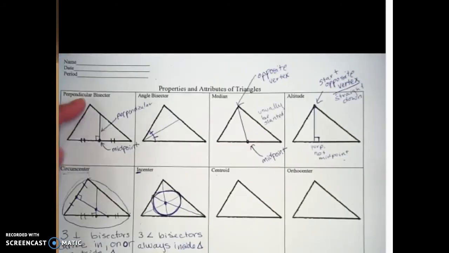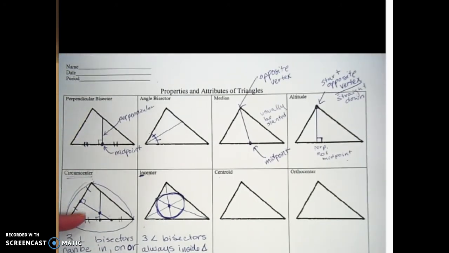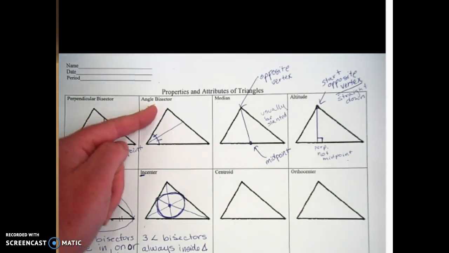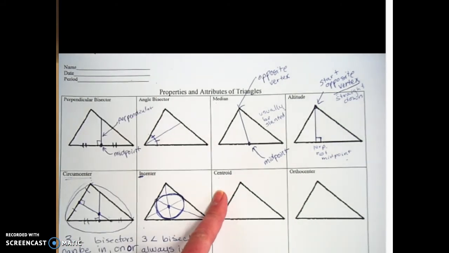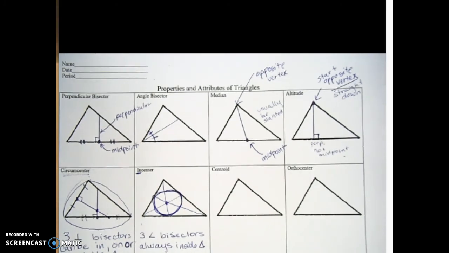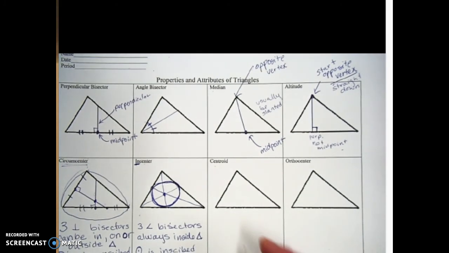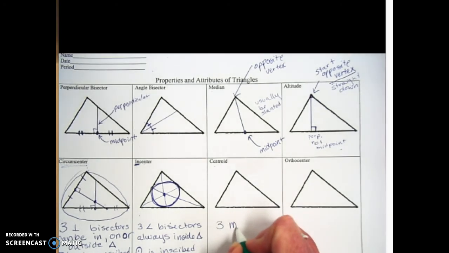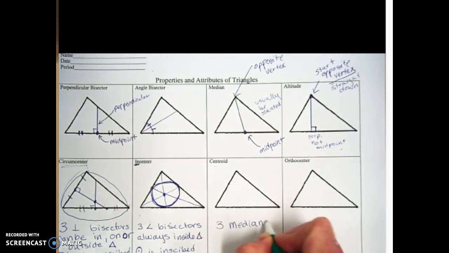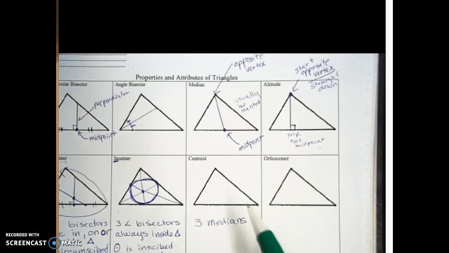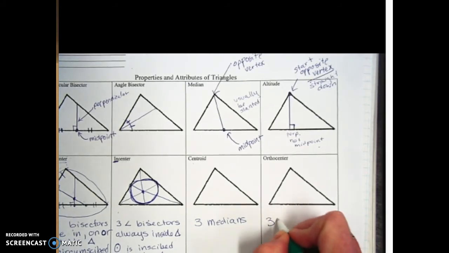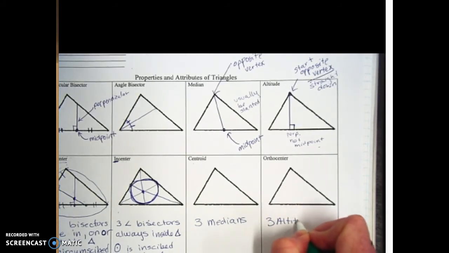So if the circumcenter is 3 perpendicular bisectors and the incenter is 3 angle bisectors, what do you think the centroid is going to be? 3 medians. And the orthocenter is going to be 3 altitudes.